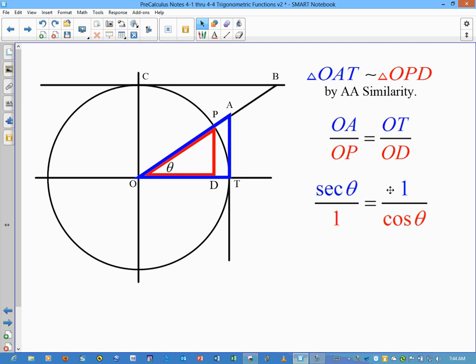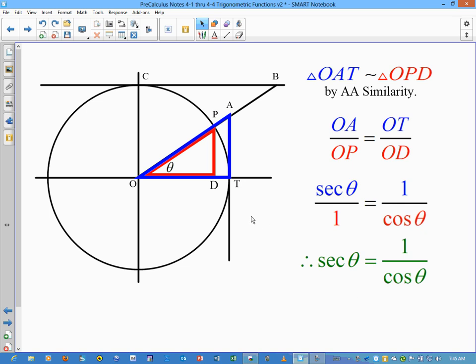OT would also be a radius, which is 1. And OD would be from here to here. That's our x value in the reference triangle, so that is our cosine. And it sets up this formula, which we can simplify a little bit to say that secant of theta is 1 over cosine. Then that is our reciprocal identity for secant and cosine.